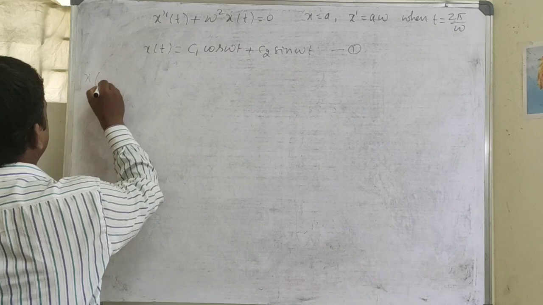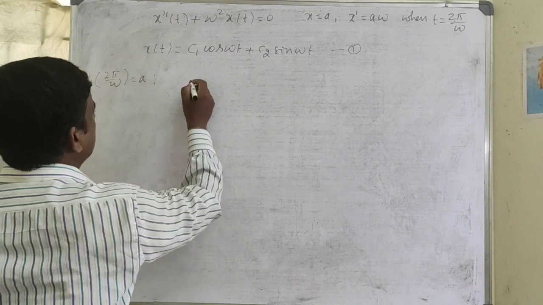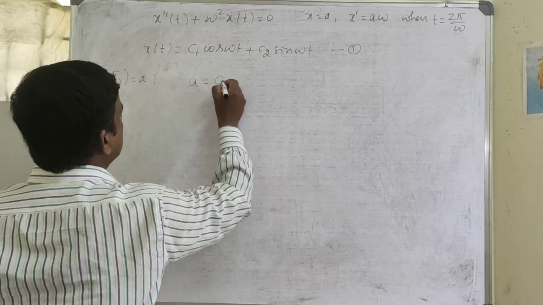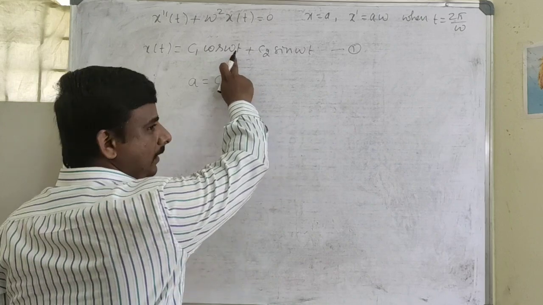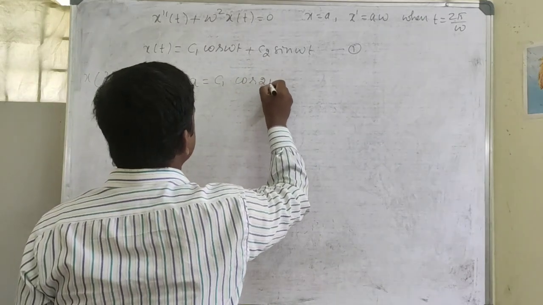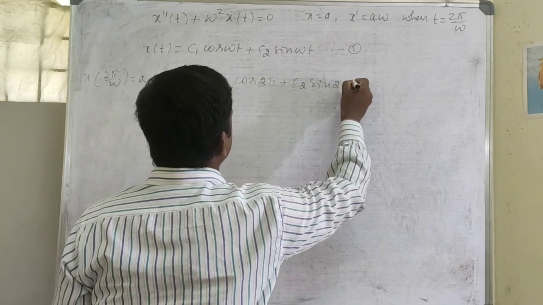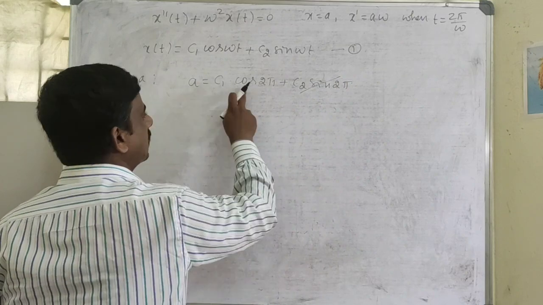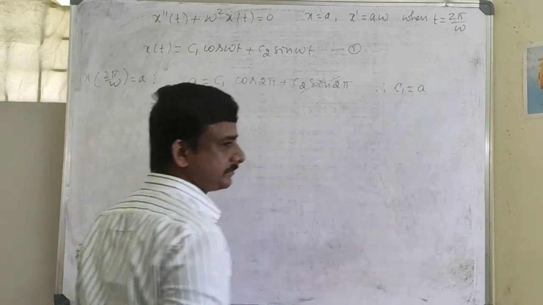So x of 2 pi by omega equal to a implies a equal to c1 cos omega into 2 pi by omega. Omega gets cancelled, cos 2 pi, plus c2 sin 2 pi. So sin 2 pi is 0 and cos 2 pi is 1. So I will get c1 equal to a.